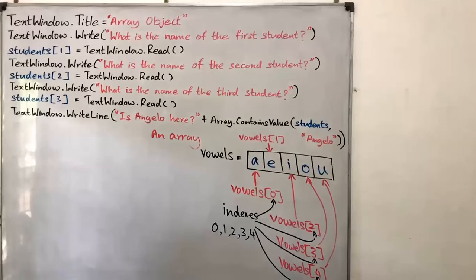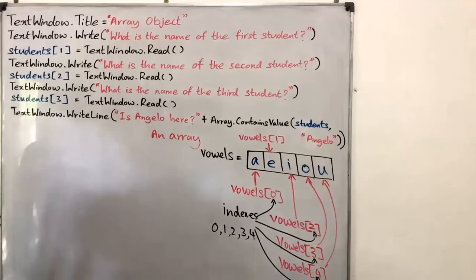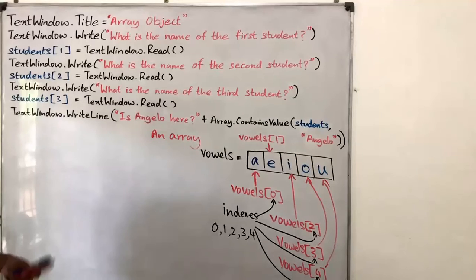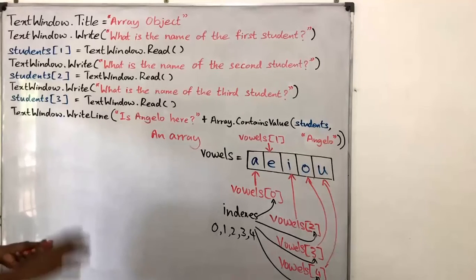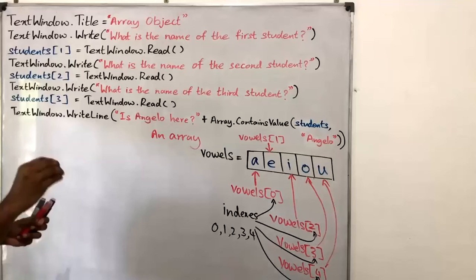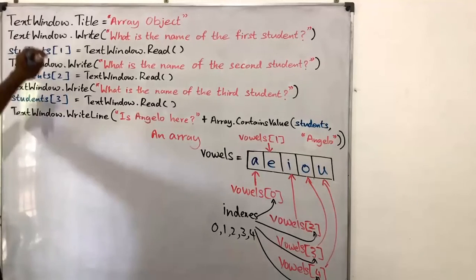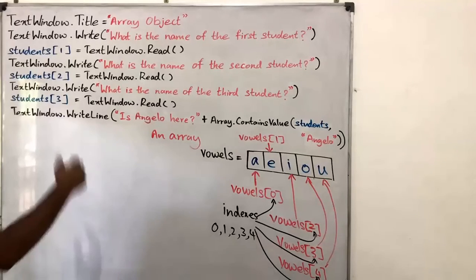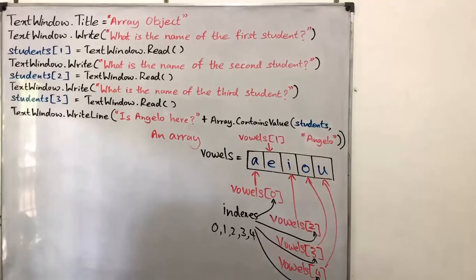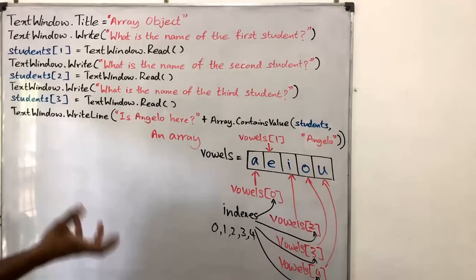When this code segment executes, what happens? The computer is giving orders to some objects, for example the text window. In this code segment we use the object text window, so the computer is giving orders to the text window object.